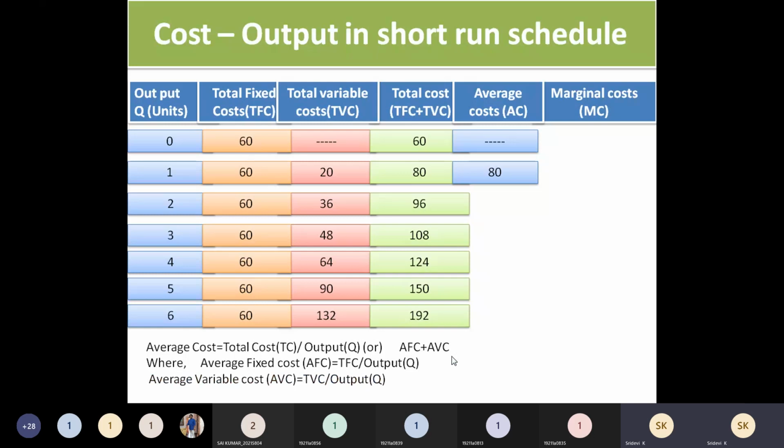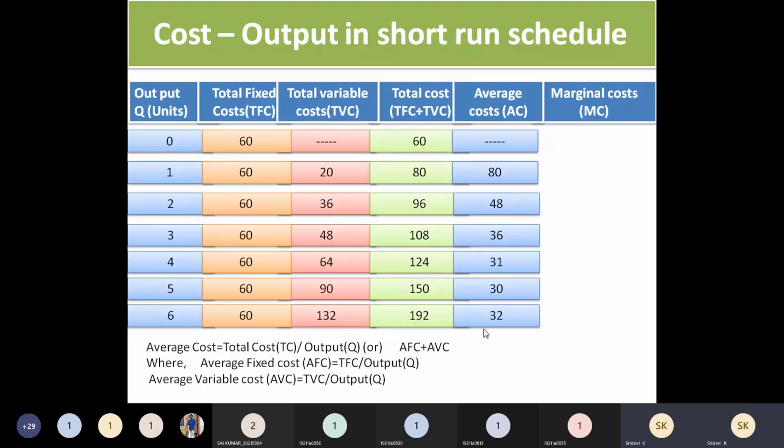Instead of that, I am taking the first formula to calculate the average cost. So here 96 divided by 2 will give you the average cost 48. 108 by 3, 36. 124 by 4, 31. 150 by 5, 30. 192 by 6, 32.